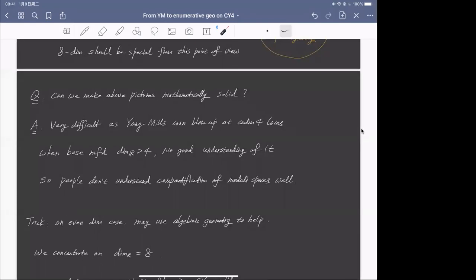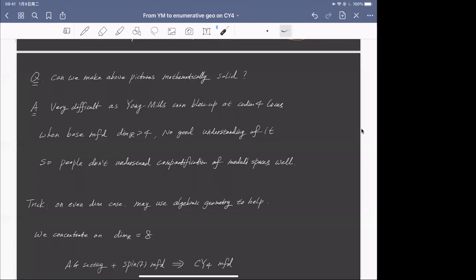This blow-up locus is some set that may have finite Hausdorff dimension, which is quite bad from the perspective of continuous or smooth functions. So people actually don't understand the compactification of such gauge-theoretical moduli spaces in high dimensions.